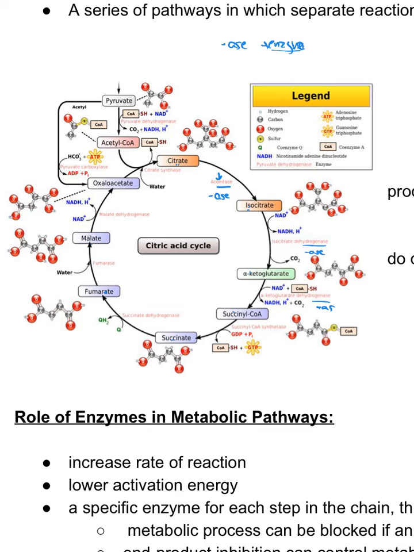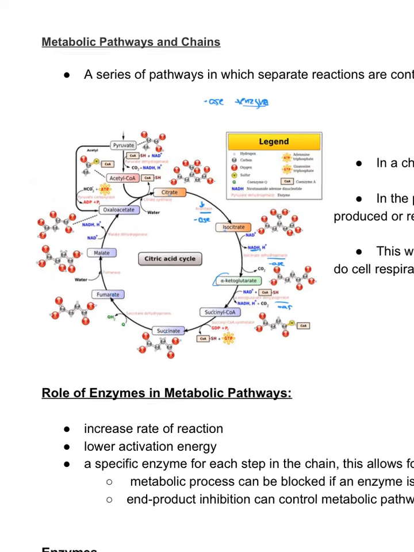So aconitase converts citrate into isocitrate. Isocitrate dehydrogenase does a couple of things here. It makes carbon dioxide, NADH, and this. But my point is, each enzyme has a specific function.